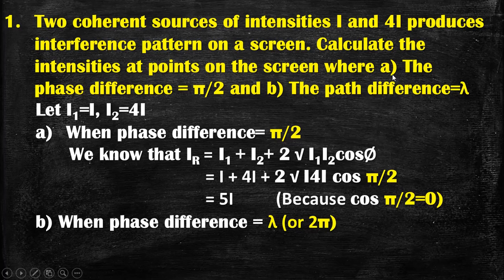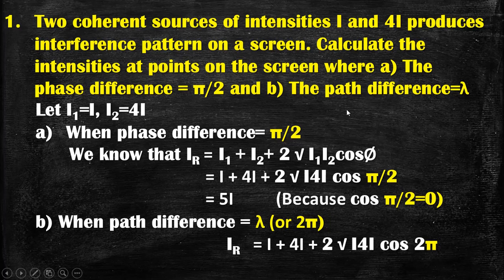Then we go to the second one, the path difference equal to lambda. When the path difference equals lambda, the equivalent phase difference is 2 pi. So the resultant intensity IR equals, again you write all the same values, but in place of cos pi by 2 you write cos 2 pi, because in question B the path difference is given as lambda, and the path difference is equivalent to phase difference 2 pi.